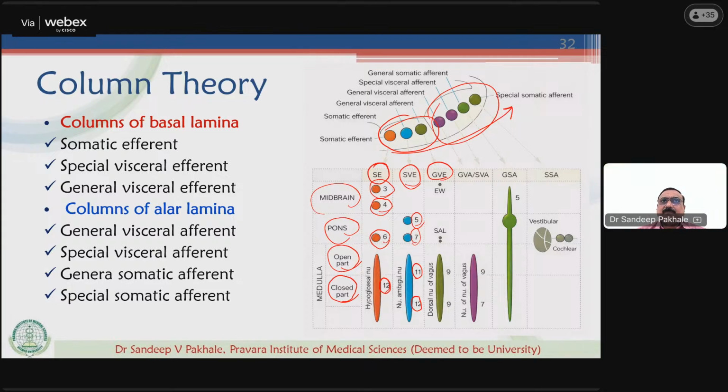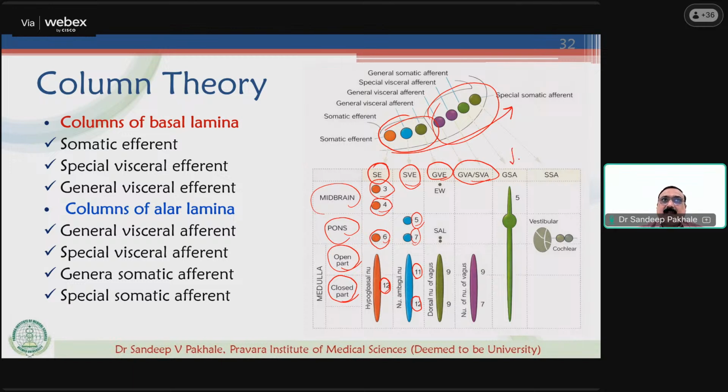Moving to the alar lamina, which is sensory, the arrangement is essentially reversed. General visceral afferent carries interoceptive input, including the nucleus of the vagus, and the nuclei of the 7th and 9th glossopharyngeal nerves.